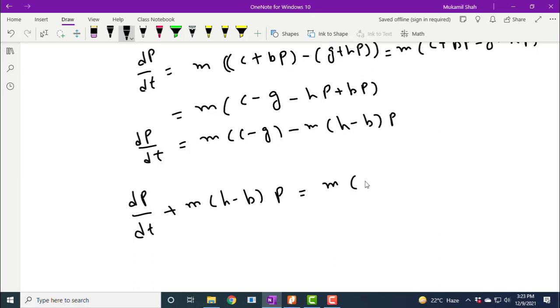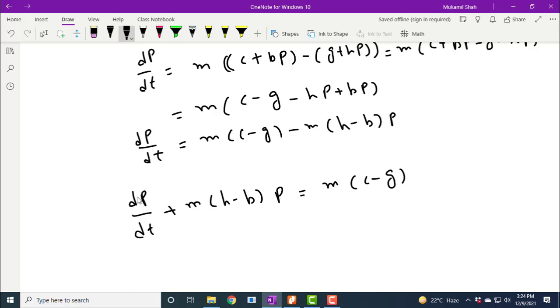on the right hand side we are left with M times C minus G. Now if we look into it, this is not different from a linear differential equation, because we know that C minus G is constant, M is constant, and similarly M, H, B, all these are constant. What is variable is P and time, right?